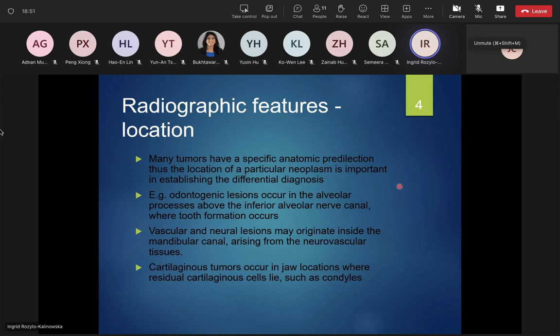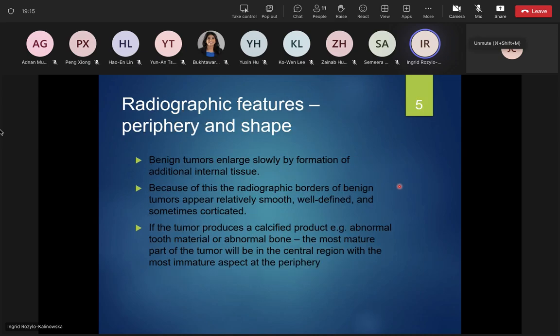And then there's also some cartilage in the mandible, so tumors related to cartilage are found with higher frequency around the TMJ, or they can sometimes be found in the midline, in the symphysis of the mandible, from embryological remnants.